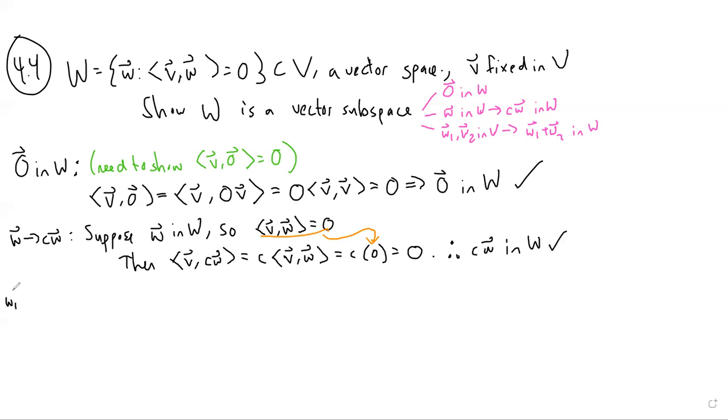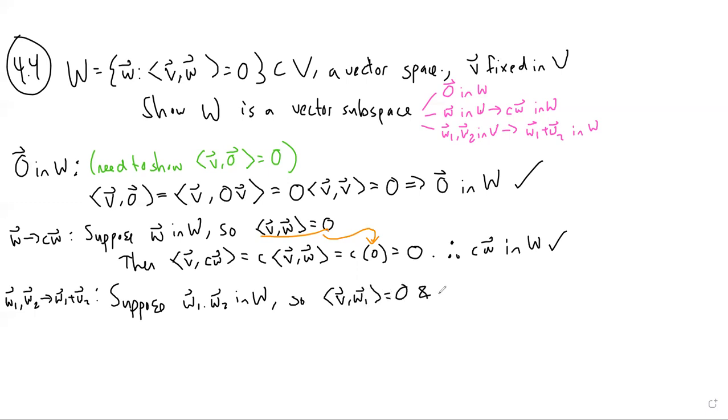And then finally, closed under addition. So I'm going to suppose that W1 and W2 are in W. And again, by definition, that means that I have these 2 inner product calculations: V dotted with W1 and V dotted with W2 are both 0.